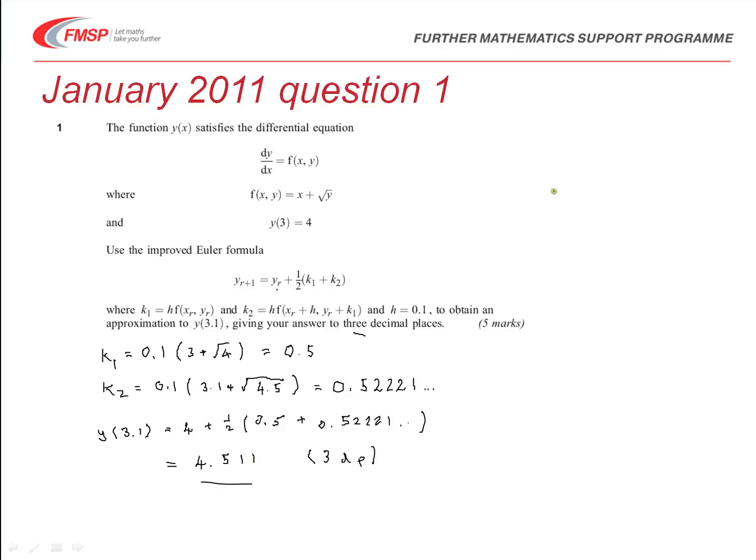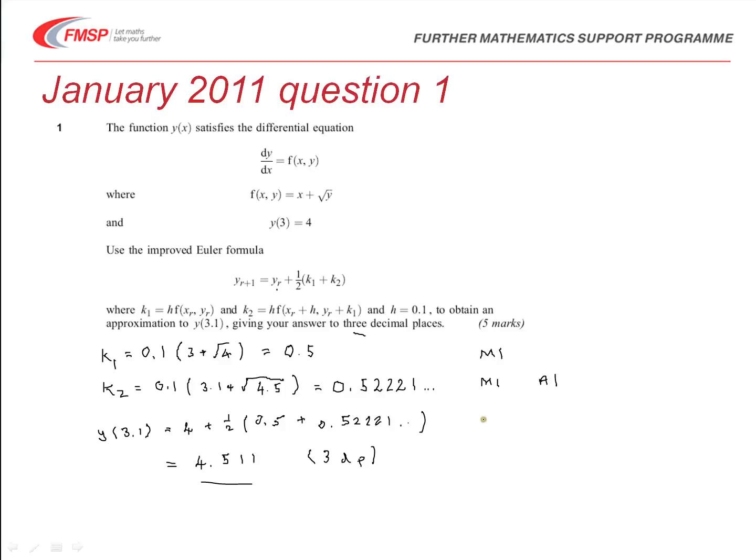Okay, 5 marks for that. Well, where do the 5 marks occur? Well, you're going to get 1 mark getting the correct value of k1 and showing how to get that value. Then a method mark for working out, or showing the method for working out k2, and then an accuracy mark for obtaining an appropriately accurate answer there, preferably with more than 3 decimal places.